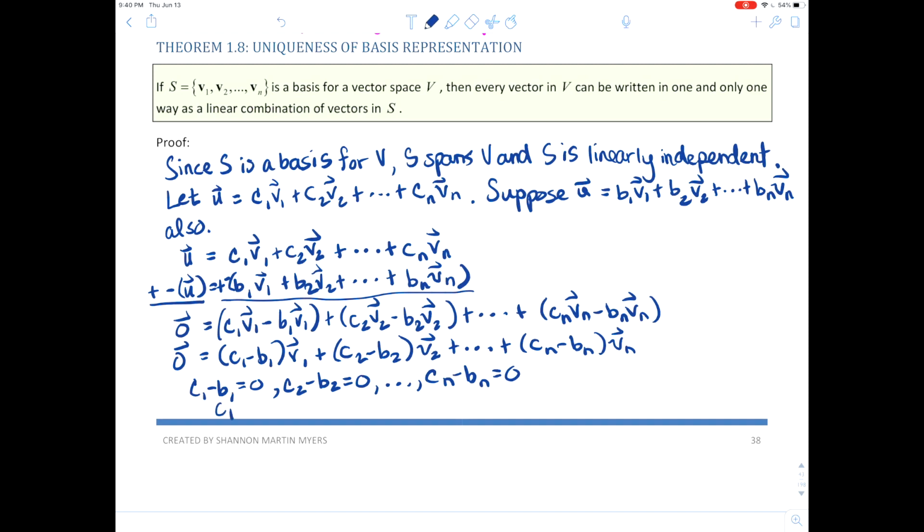And what does that mean? C1 equals B1. C2 equals B2. All the way down here, you get Cn is equal to Bn. And this part was because S is linearly independent.